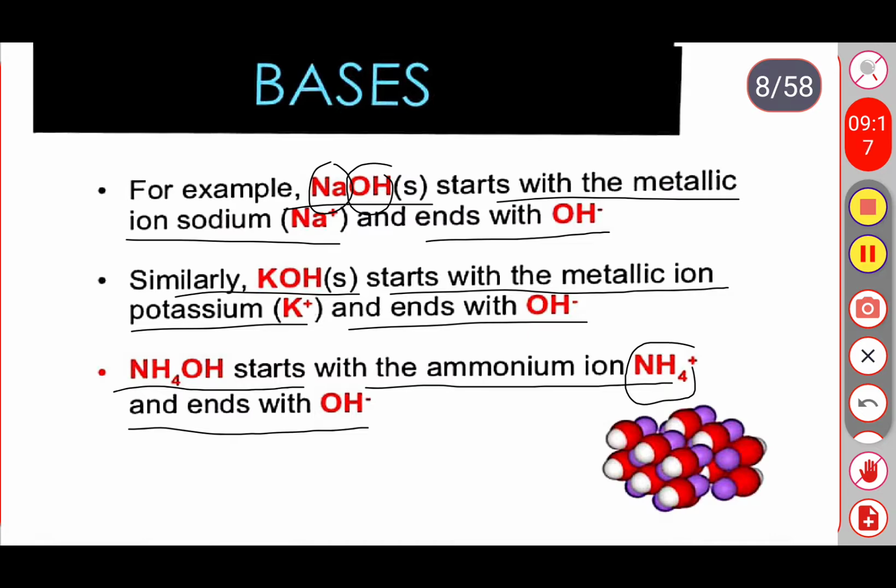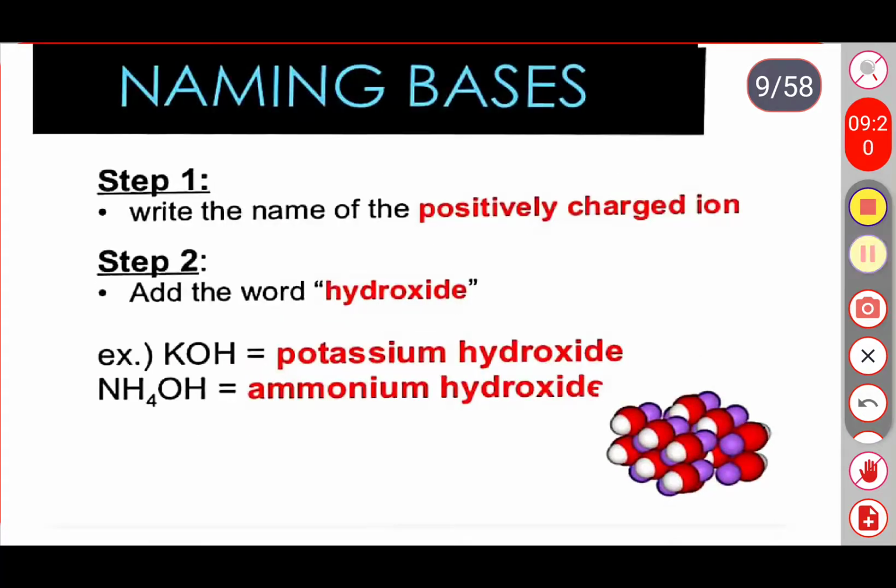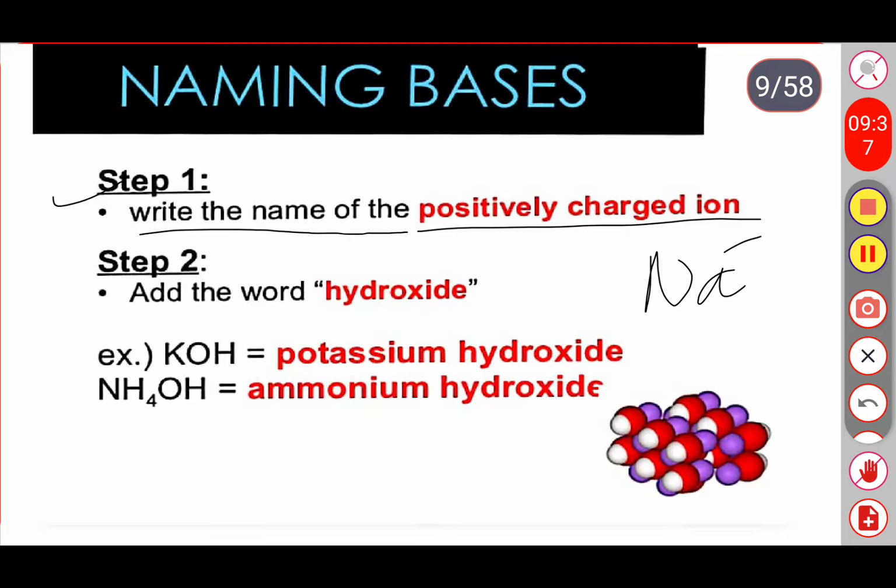So from all these examples we can easily conclude the naming of bases. Step 1: write the name of the positively charged ion, whether it may be potassium, sodium, calcium, ammonium, ferric or aluminium, whatever it may be.